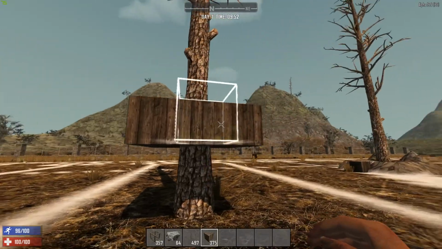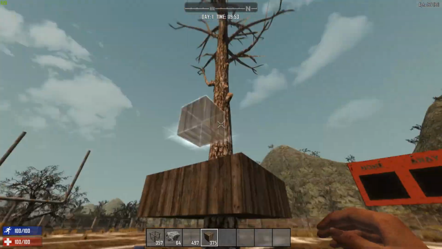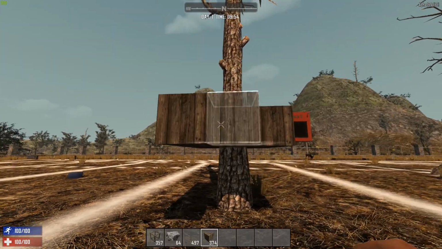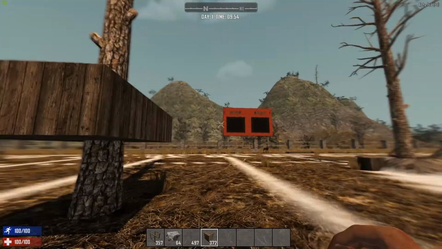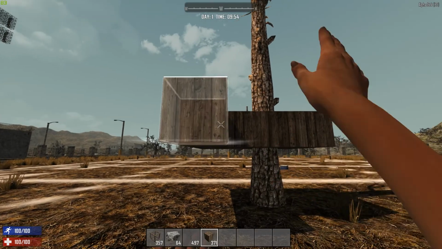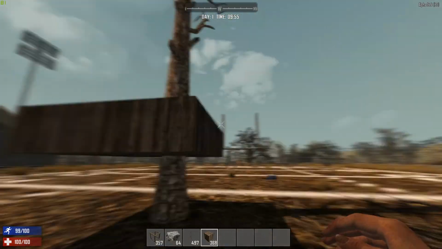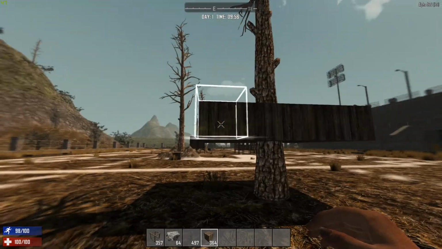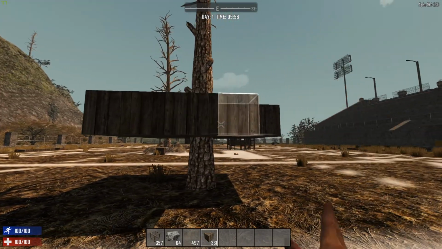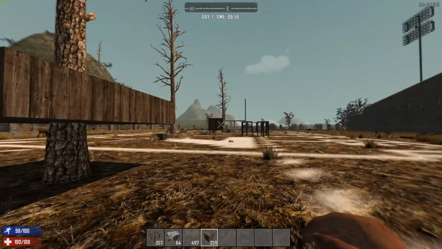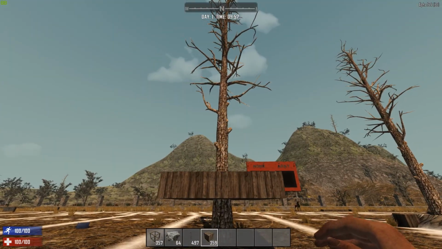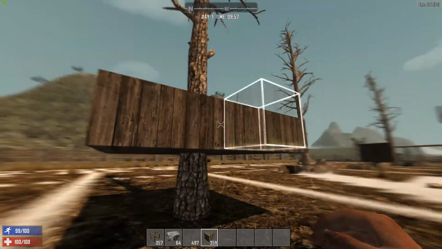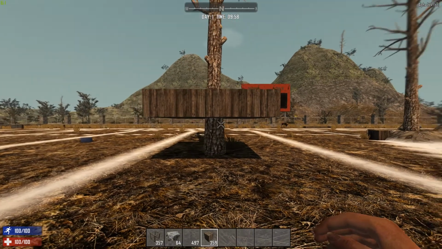So this is 3 by 3, so 9 blocks minus 1 for the tree. We have 8 so far. So 9, 10, 11. Well, let's view everything actually. I'll make it 5 by 5. 25 minus 1 for the tree. We are at 24 blocks. I can add 8 more blocks before it will collapse.